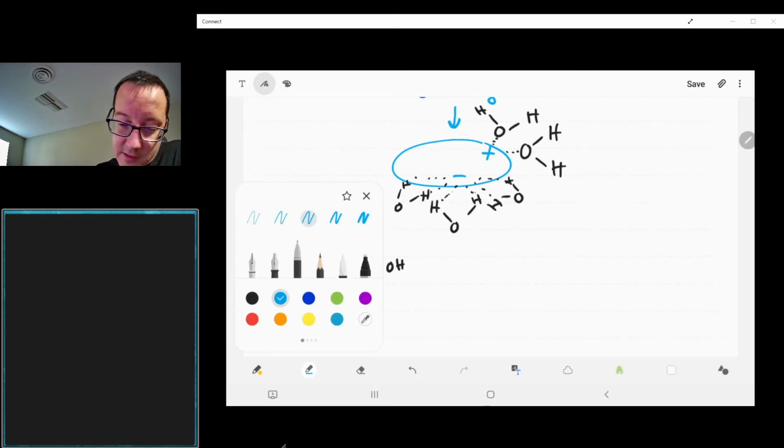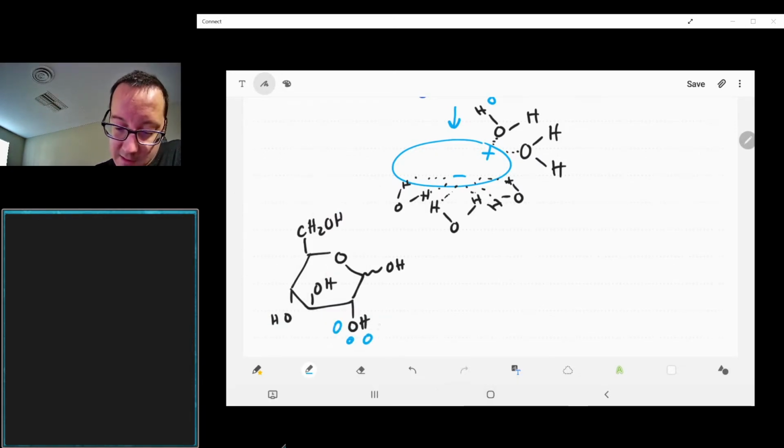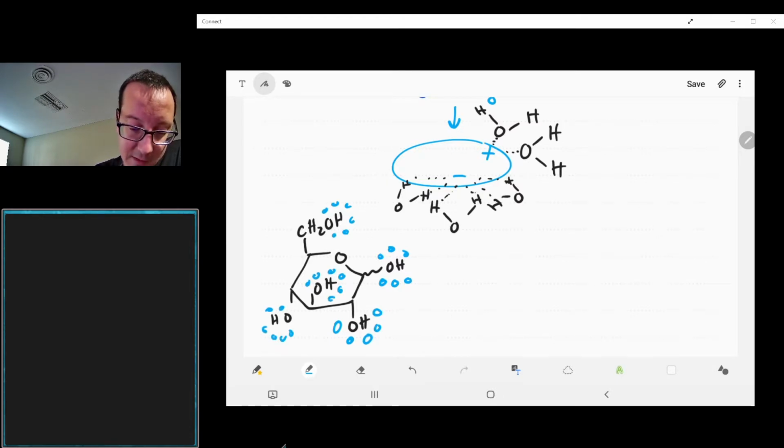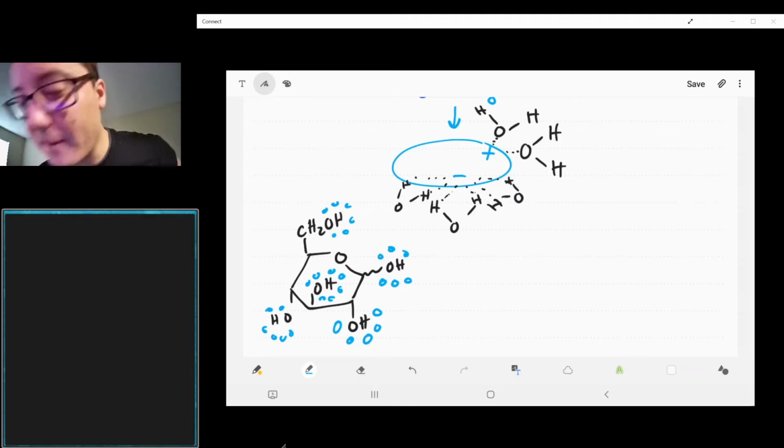Water can just go all over the place here. We have lots of hydroxy groups that can all attract the water. And so we can end up dissolving a glucose molecule like this. And so it's all just kind of a matter of forming nice interactions. And so this is how polar things dissolve. In water, that is.